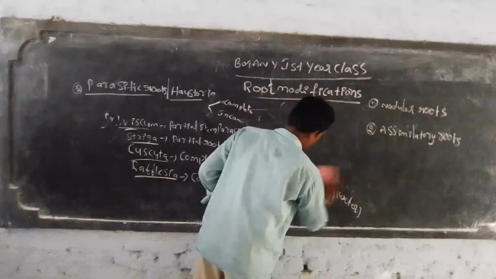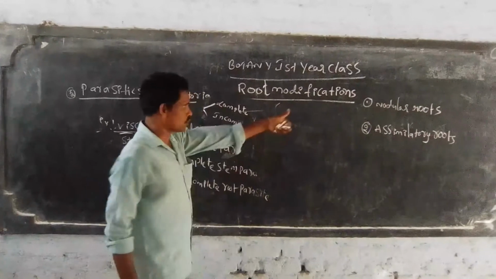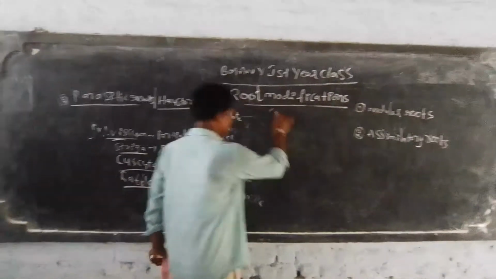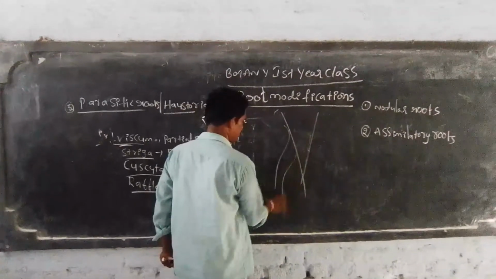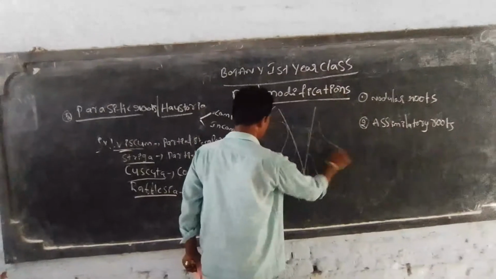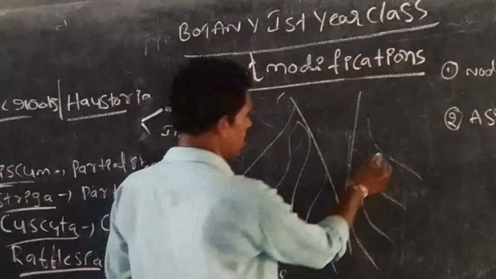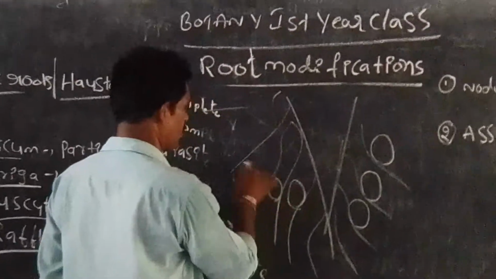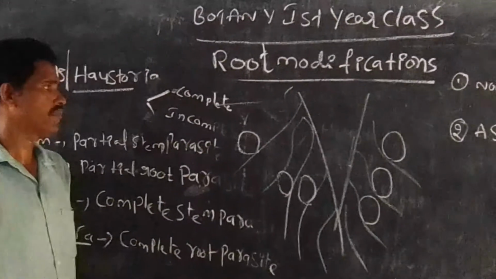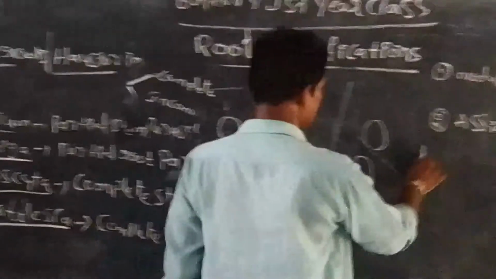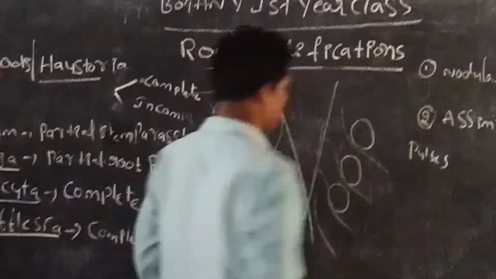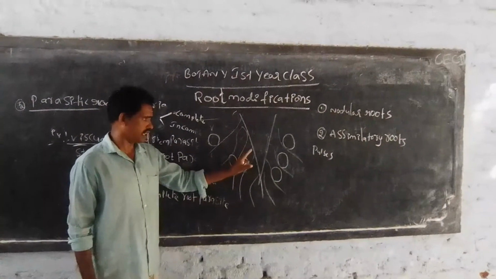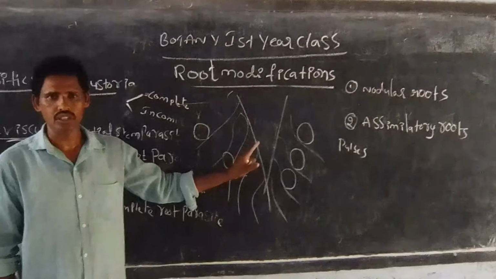Next modification is root nodules, or nodular roots. The examples are pulses plants, the bean family. In pulses plants, the roots have round structures called root nodules.